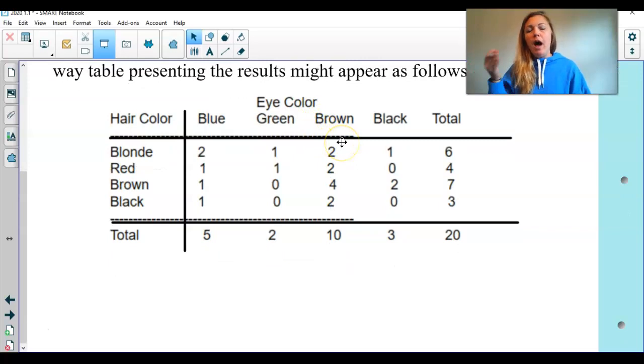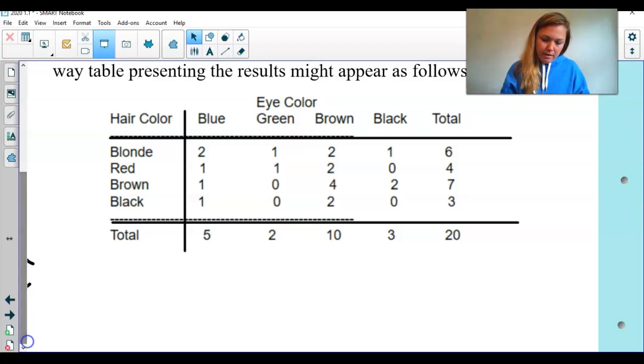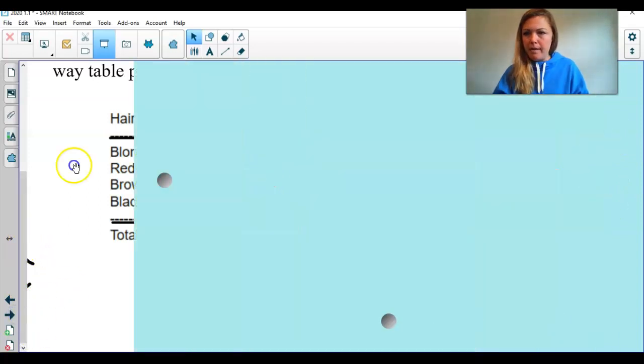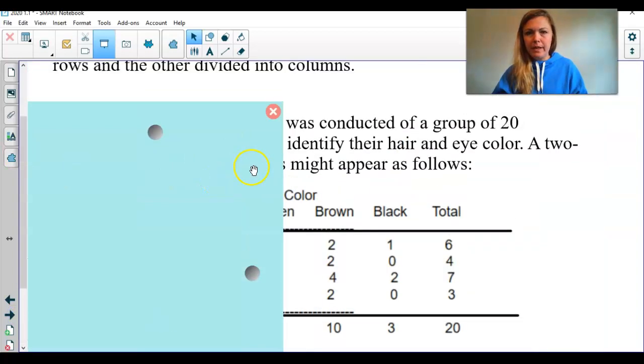Okay, so let's say I want to look at people's hair colors. That's my variable of interest right now. Give me a second, I've got to get rid of this real quick. Sorry, guys.